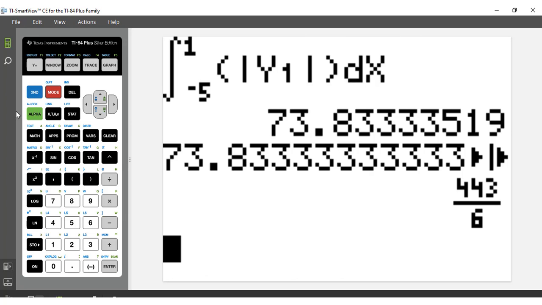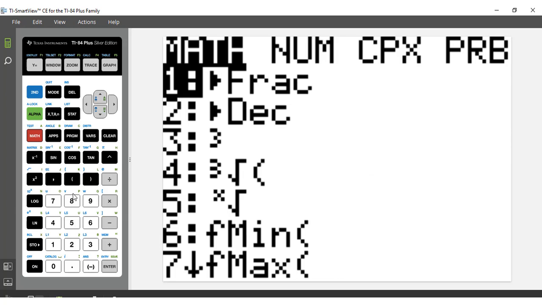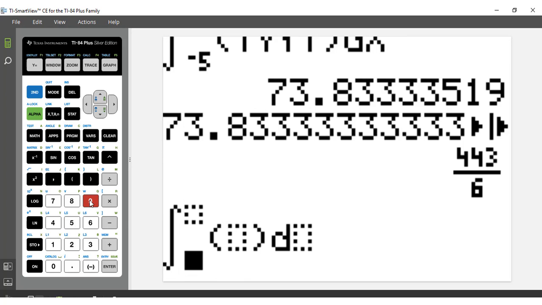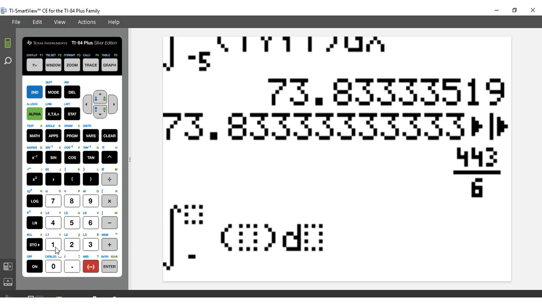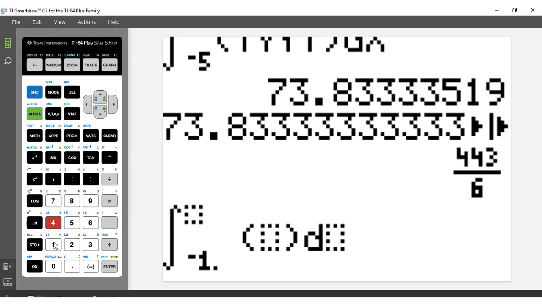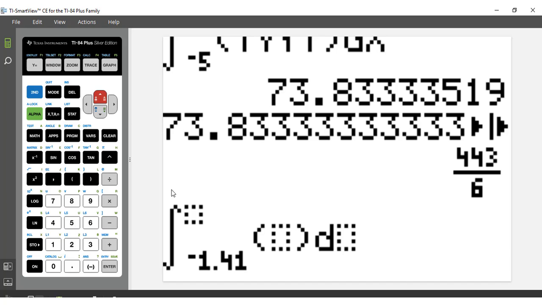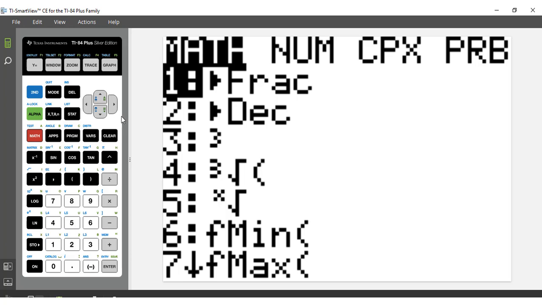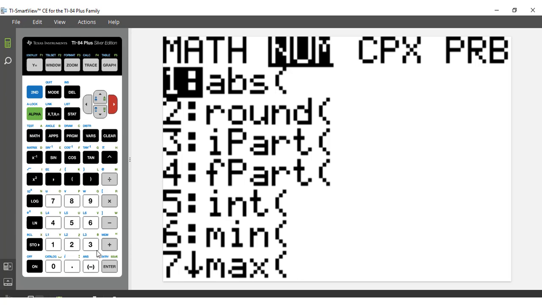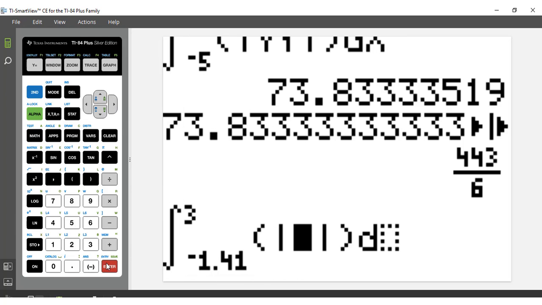Now we quit. We go to math 9. This will be negative 1.41. The upper limit will be 3. So we put the absolute value, math number, enter.